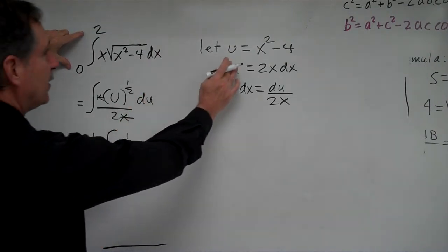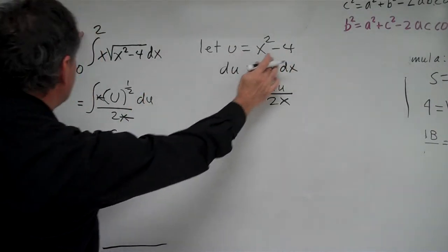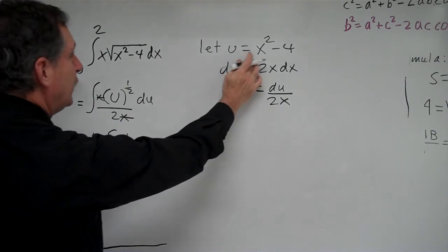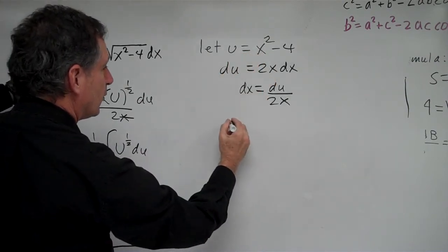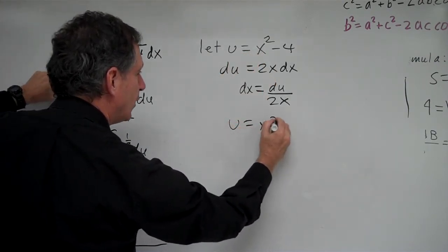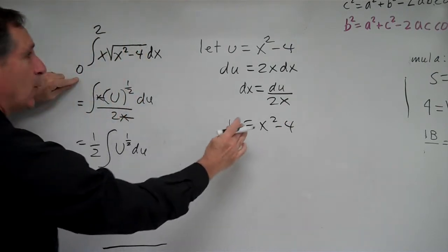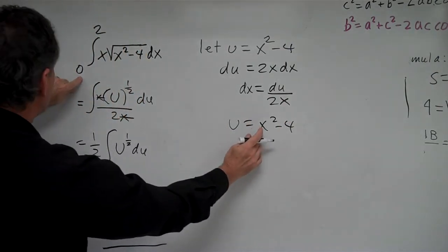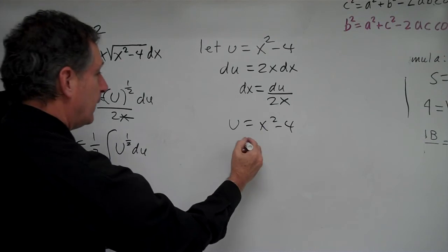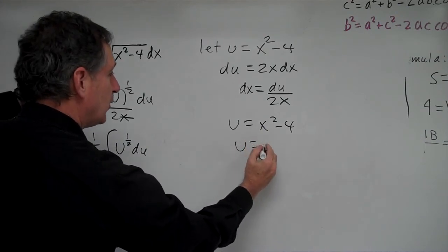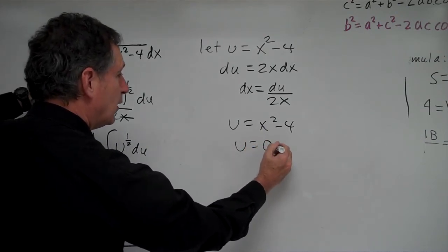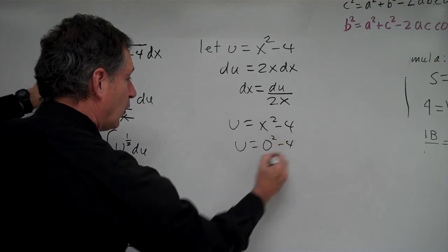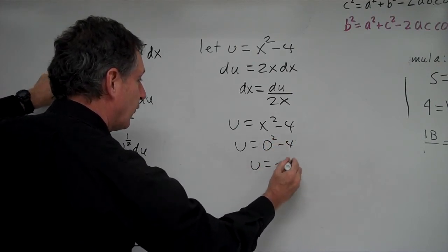Okay, we say let u equal x squared minus 4. So we have u equals x squared minus 4, and we're going to plug in 0 for x, right? So u equals 0 squared minus 4, so u equals negative 4.